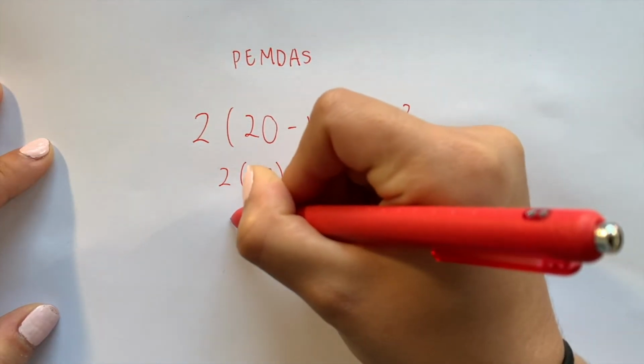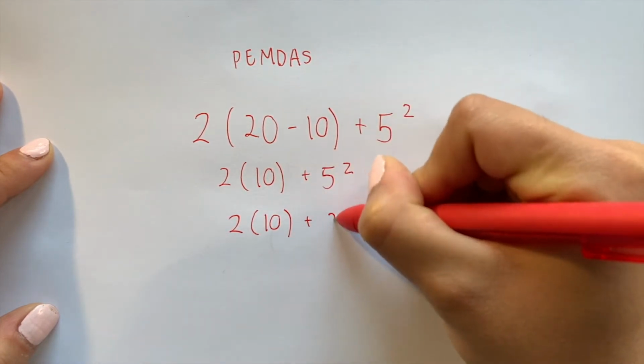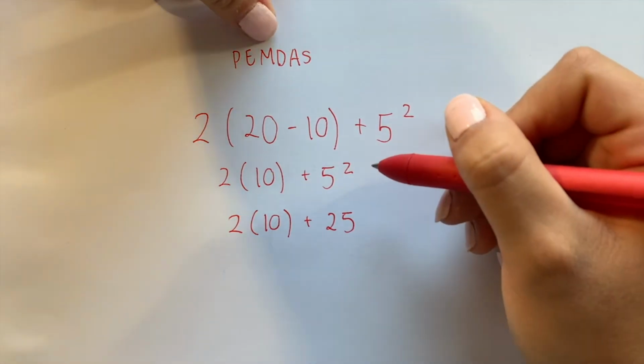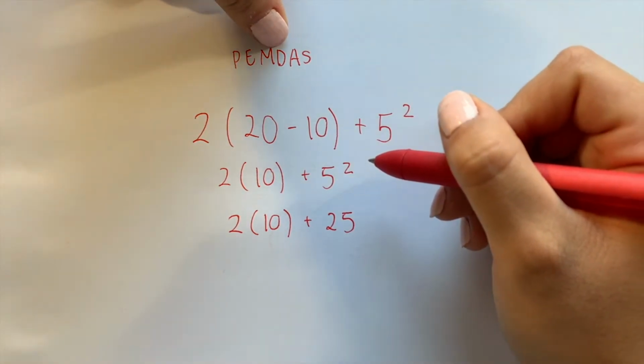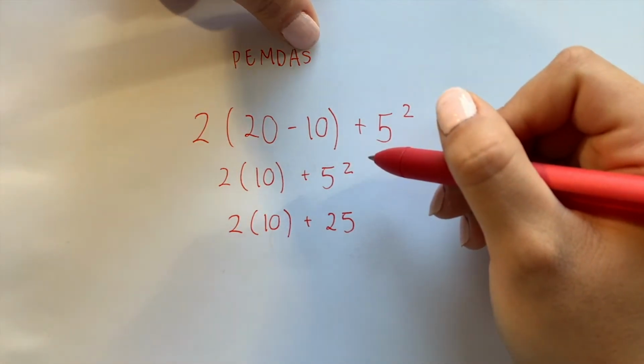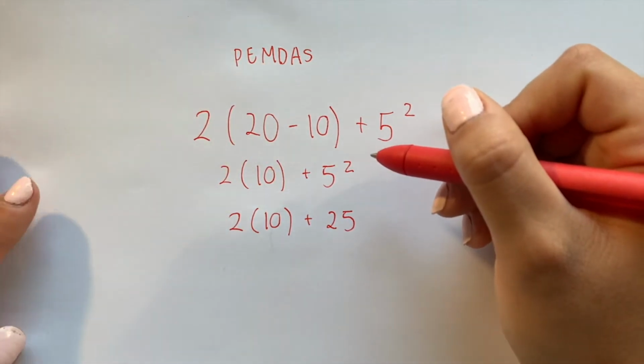So now we have 2 times 10 plus 25. And now we can start looking at the multiplication, division, addition, and subtraction. Doesn't look like we have any subtraction or division, so we see that multiplication is first, that M for multiplication.